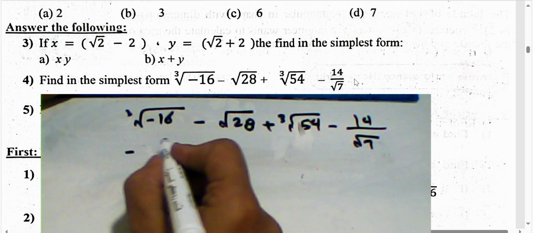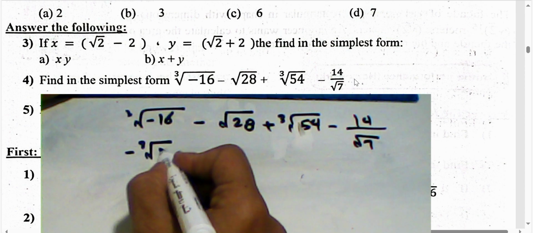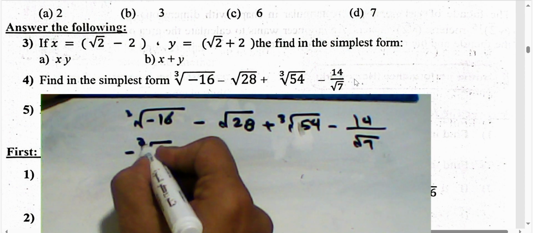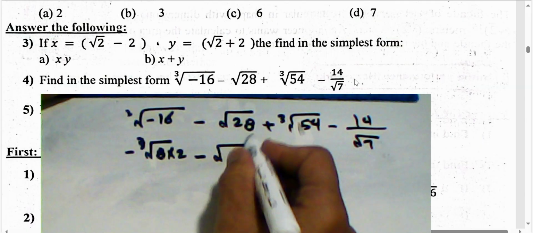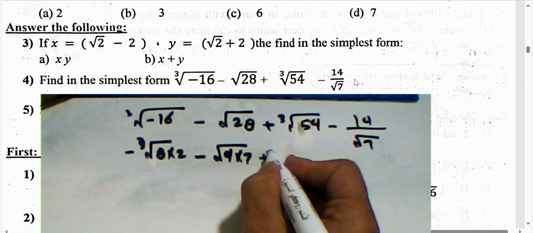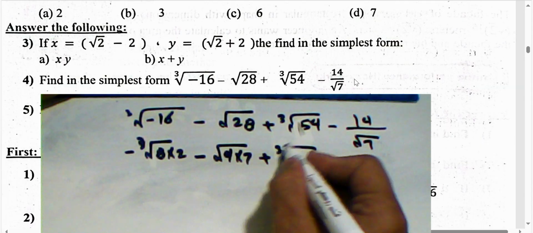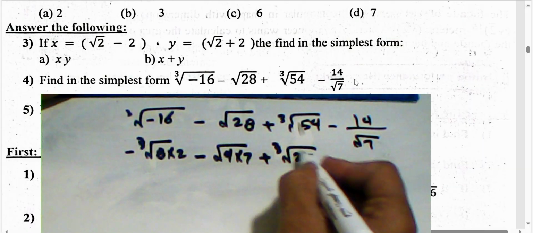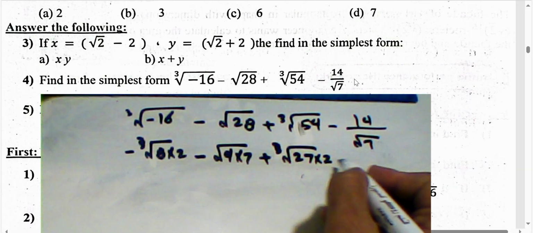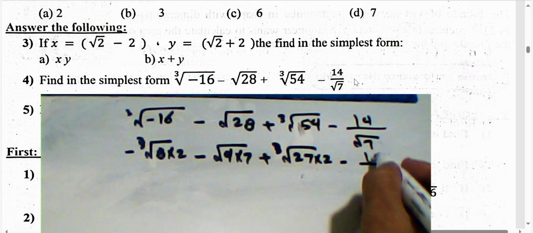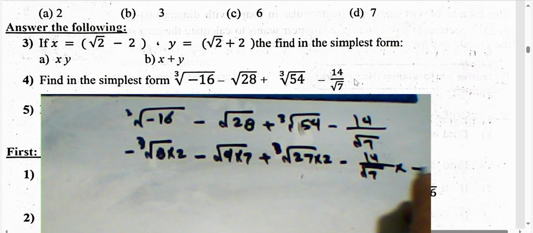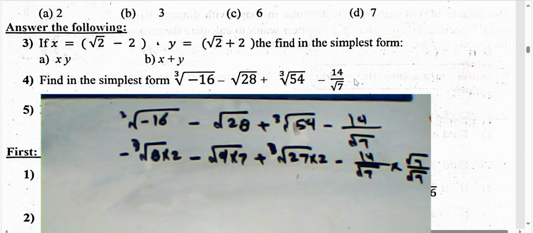Cubic root of negative 16: write negative outside, and the cubic root of 16 equals 8 times 2. And square root of 28, 28 equals 4 times 7. And cubic root of 54 equals 27 times 2. And this number 14 over square root of 7, we multiply by root 7, numerator and denominator.